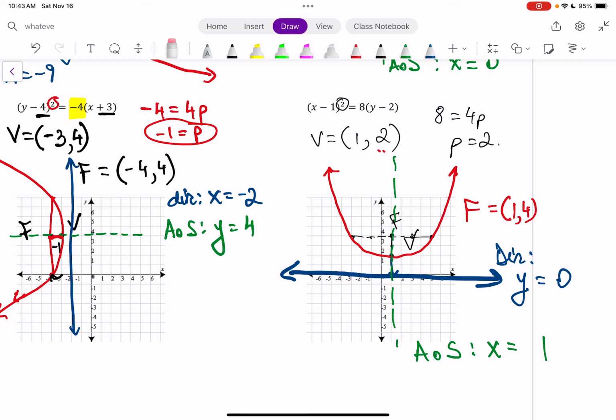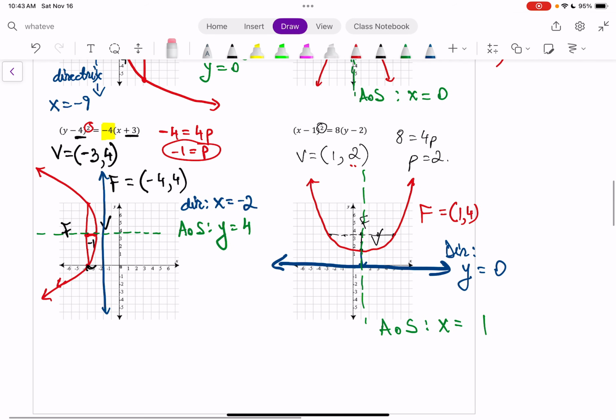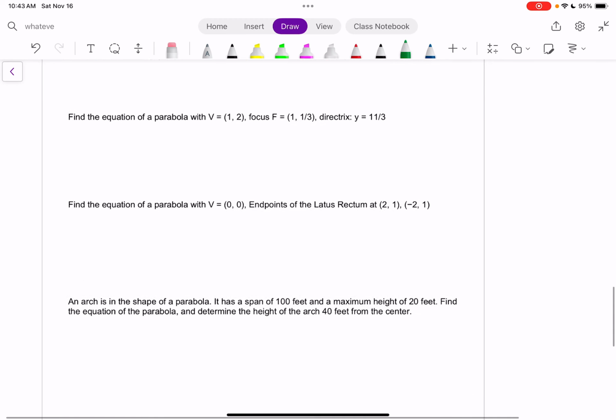So again, hopefully by now you do know that every horizontal line has equation y equals, as all the y's are the same on a horizontal line, and every vertical line has equation x equals, as all x's are the same on a vertical line.